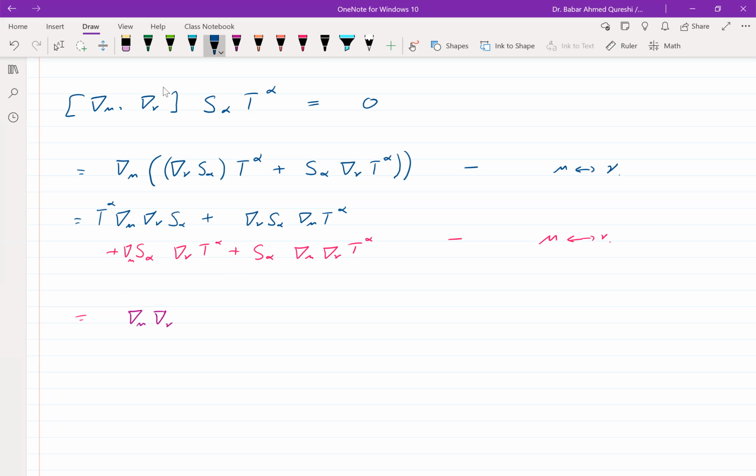So I get this ∇_μ∇_ν S^α, and then minus the same term only with ∇_ν and ∇_μ replaced.